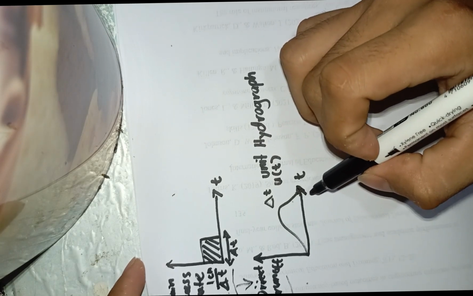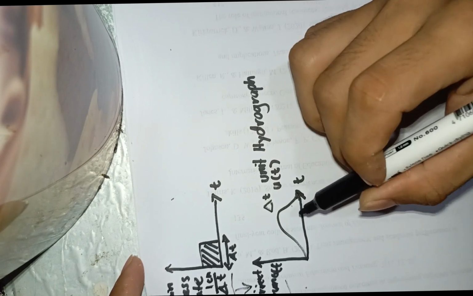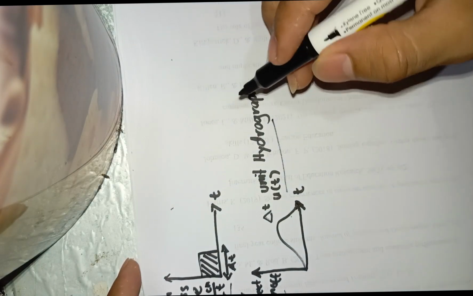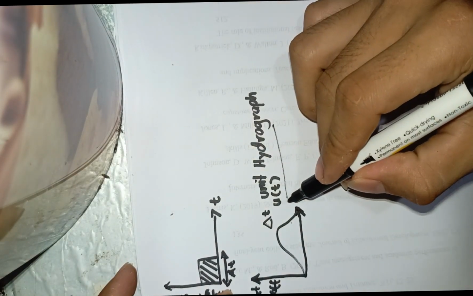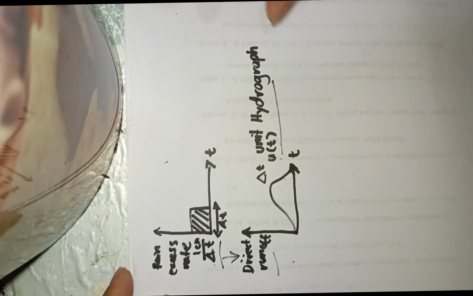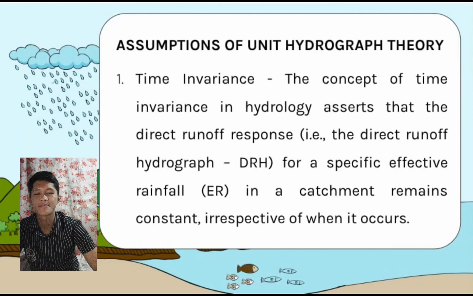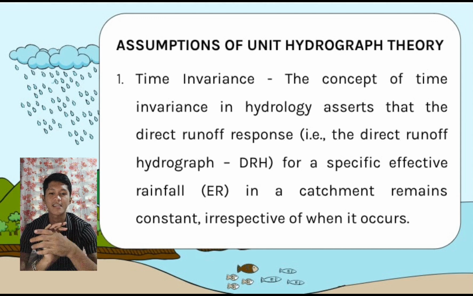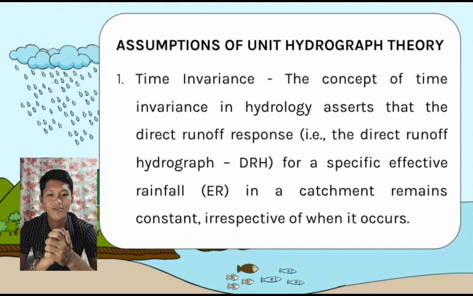So in this case, this hydrograph we call a unit hydrograph, and we show it by U(T). Did you get it? And that is the example of the unit hydrograph. So that is my understanding of how to identify a unit hydrograph.